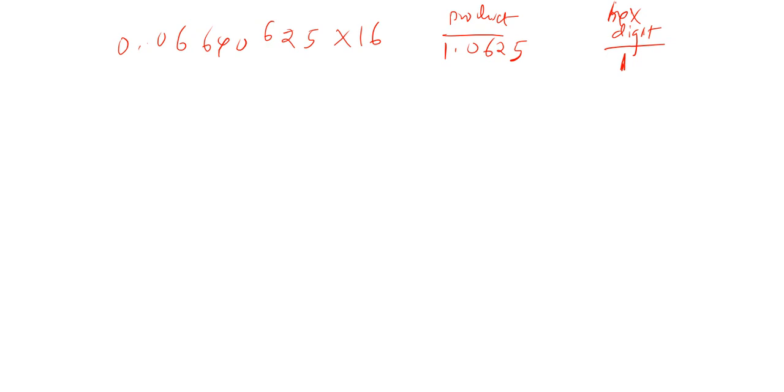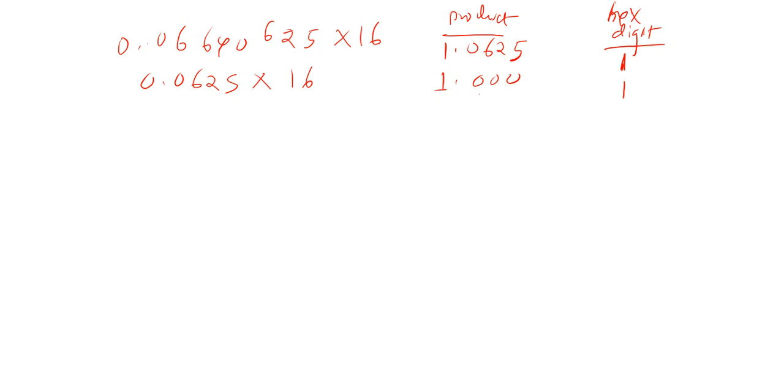We take the decimal part and multiply again by 16. In this case, we get 1.000. We extract the hex digit from the whole part, which is 1.